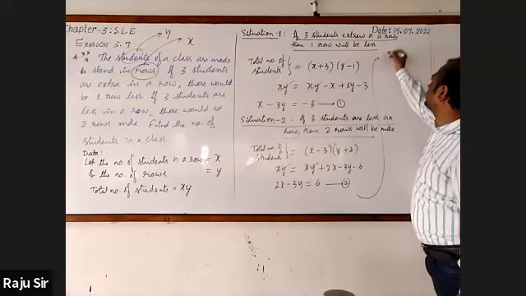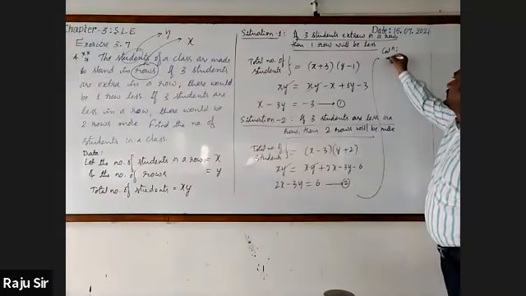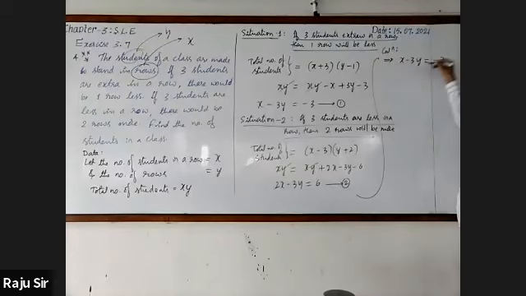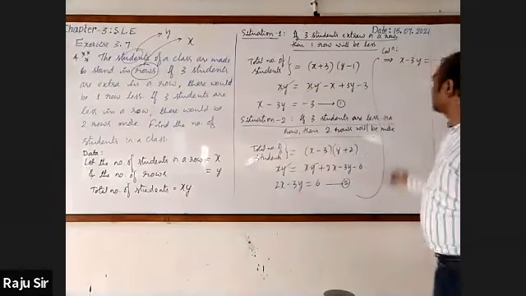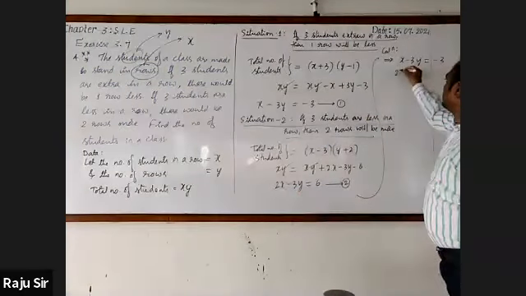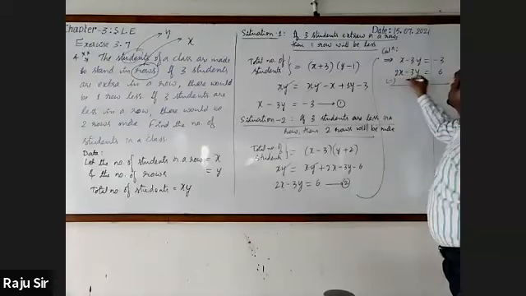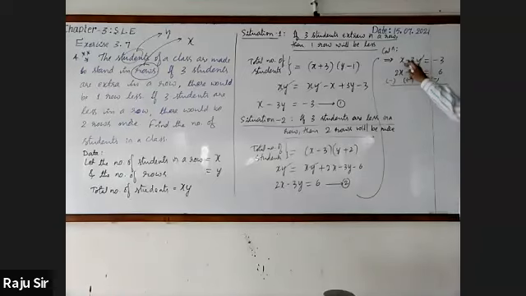Let us go for solving these 2 equations by elimination. Is it necessary to multiply? No. Then minus 3y, here also minus 3y. This will be 2x minus 3y is equal to 6. Minus 3y and minus 3y get cancelled. It is minus x equal to minus 3.